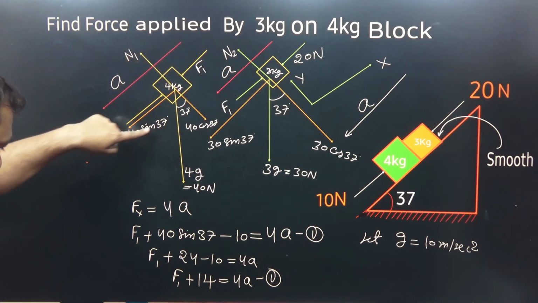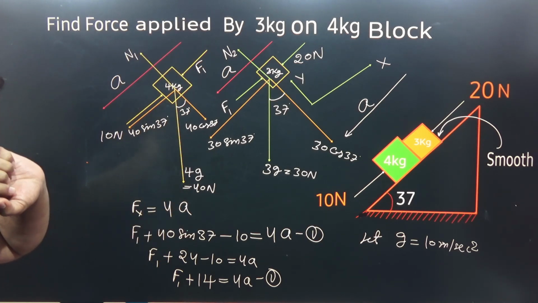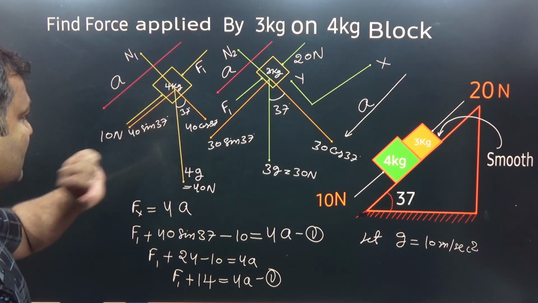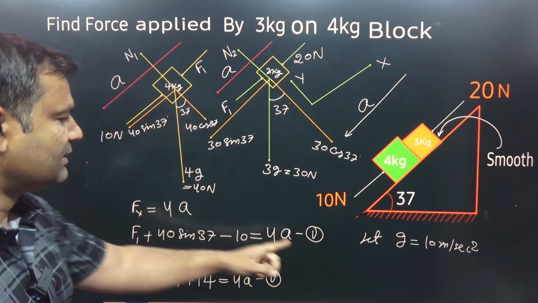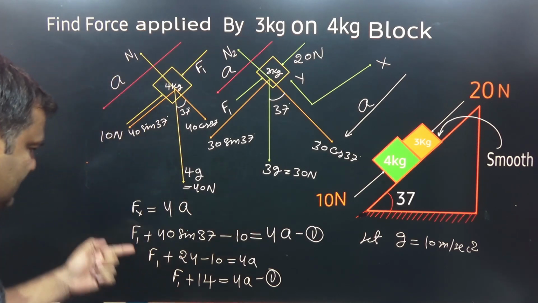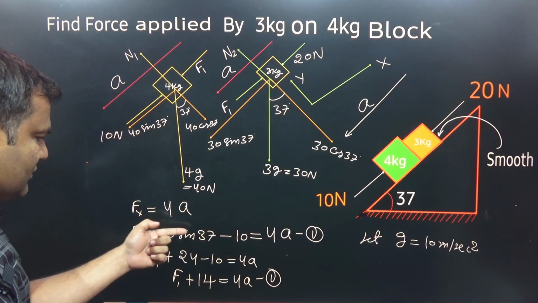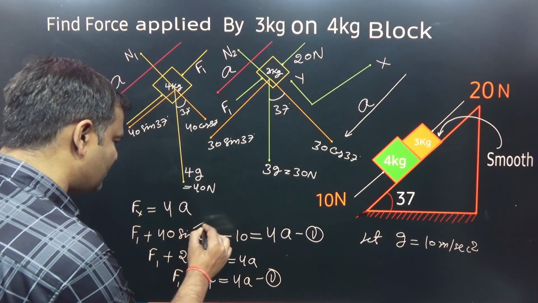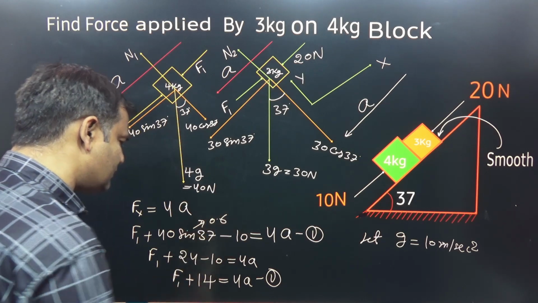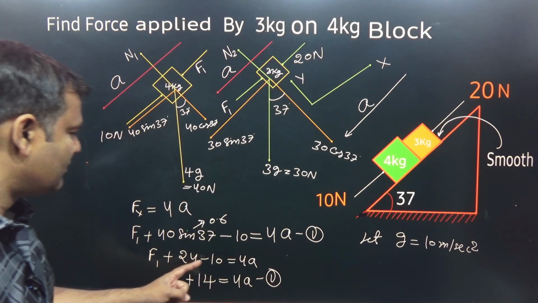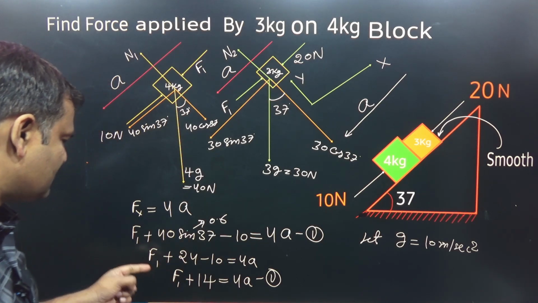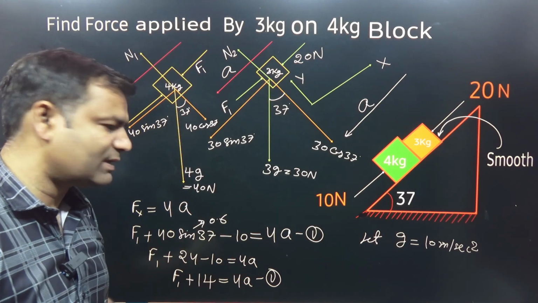F1 plus 40 sin 37 on our 4 kg block, and that one is in the opposite direction, so minus 10. This will be equal to 4 into A according to Newton's second law. 40 into sin 37, that is 0.6 into 40, is 24. So F1 plus 24 minus 10 equals 4A. So F1 plus 14 equals 4A. Equation number 1.